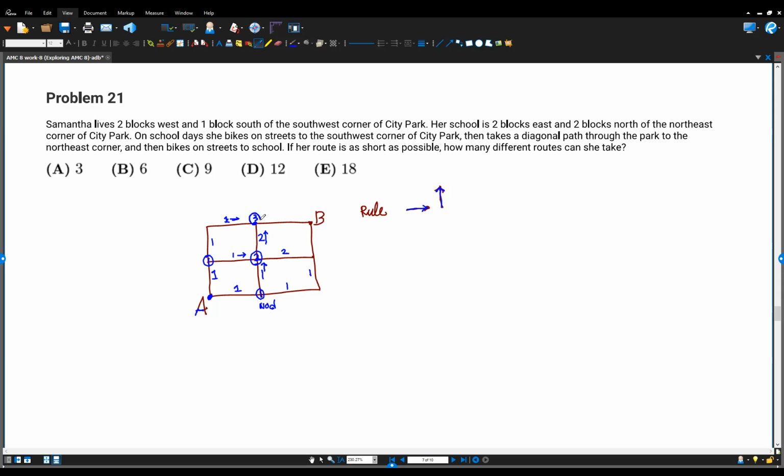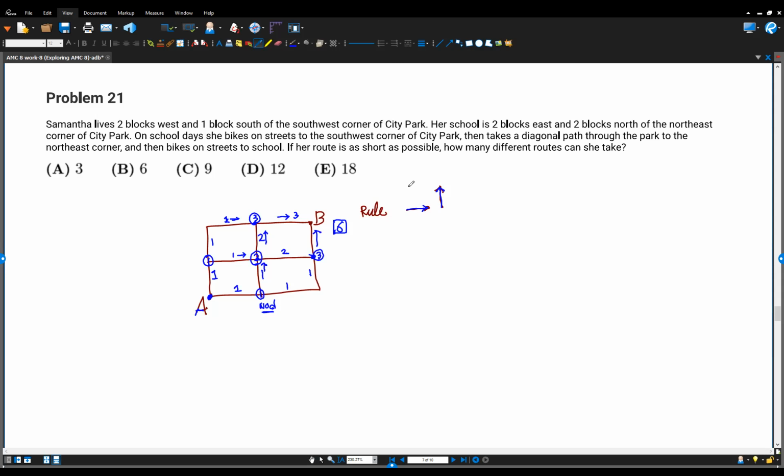But this 3 can move only to the east, there's no north, 3 ways. Over here, 2 plus 1 is 3, right? The intersection number is 3 going up here only. There's no east. So 3 plus 3 is what? 6 different paths. Okay.